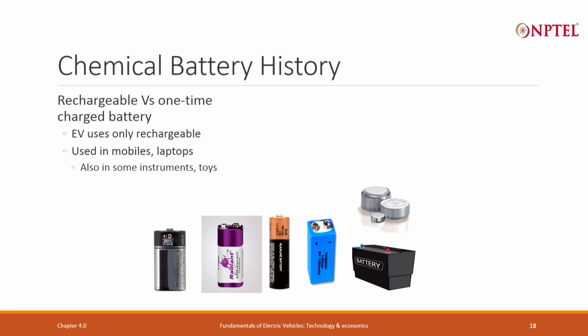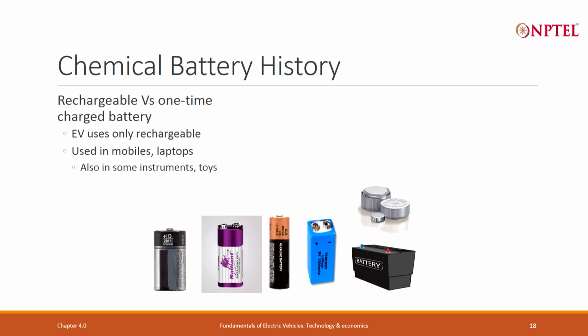The first important thing, is it a one time charged battery? You buy a battery, normally we buy for a torch, a pencil cell or a slightly bigger cell. Once it becomes bad, you throw it away. That is a one time charge. It actually comes to you charged from the factory, and you cannot charge it again.